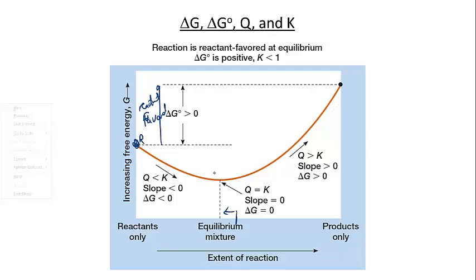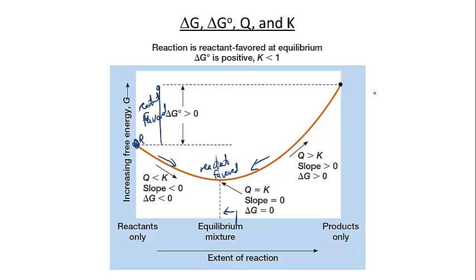So that's why it's reactant favored. And if you have fewer products than that, it'll go energetically downhill this way. And if you have more products than that, it'll go energetically down that way. So of course the reaction always goes energetically downhill towards equilibrium.